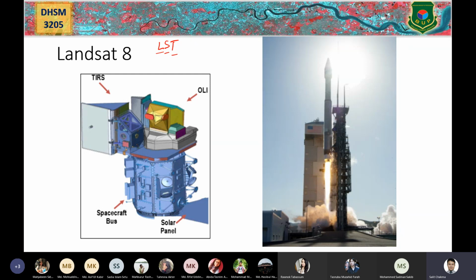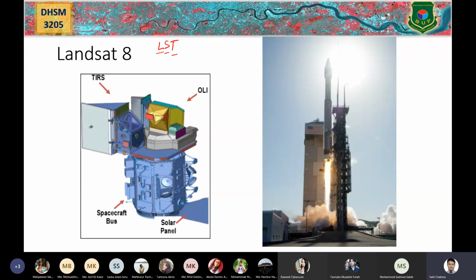So scientists are also trying to find a correlation, or rather a relationship, between LST and air temperature. If we are able to find that relationship, then we can estimate air temperature from land surface temperature.